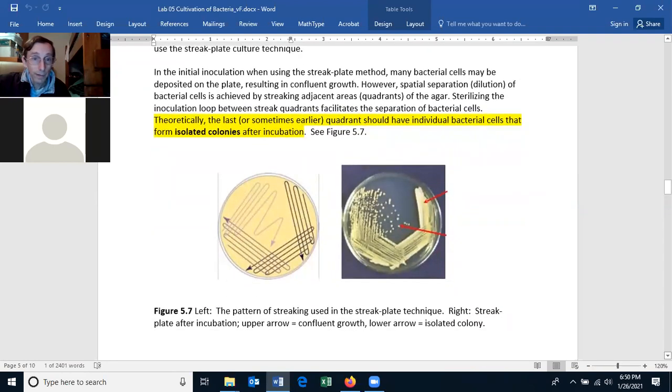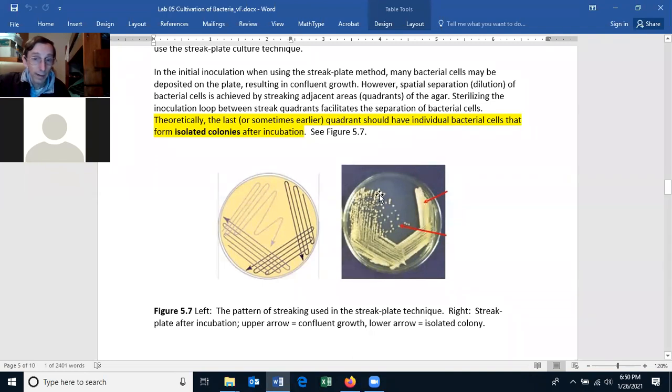When you're streaking for colony isolation, theoretically, in the last streak, or sometimes earlier, while you're streaking the plate, you'll reduce the number of bacteria that you plate.